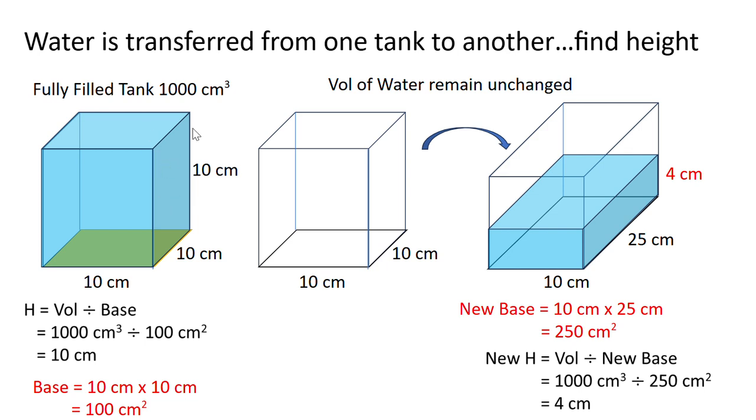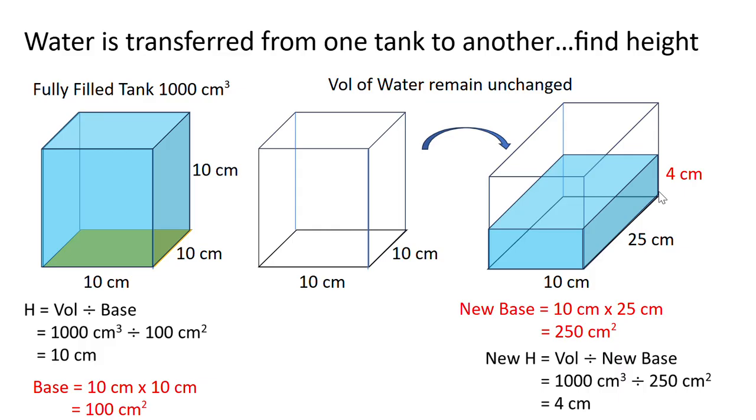We know the volume of water remains unchanged, which means you still have 1000 centimeter cube of water poured in. So to find the height, you just take the volume divided by the base. 1000 divided by 250 centimeter square, you get 4 centimeter.